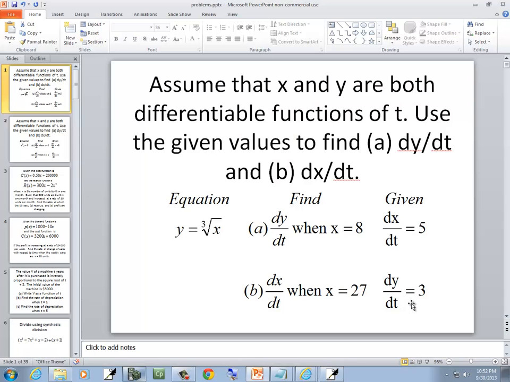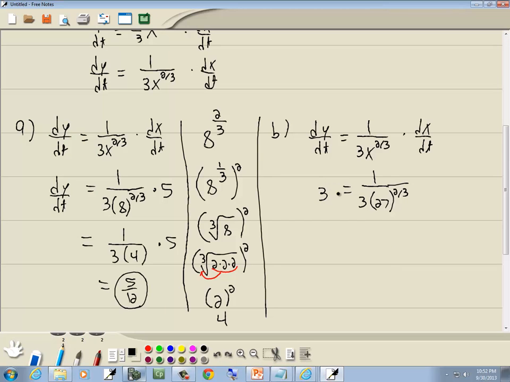And it says dy/dt is 3, so this side is 3. And we're actually trying to find dx/dt in this one. Okay, well, let's do a little bit of simplifying. 27 to the 2/3 is 9. Times dx/dt. And again, you could go through the calculator or by hand to verify that. That's 1 over 27 dx/dt.